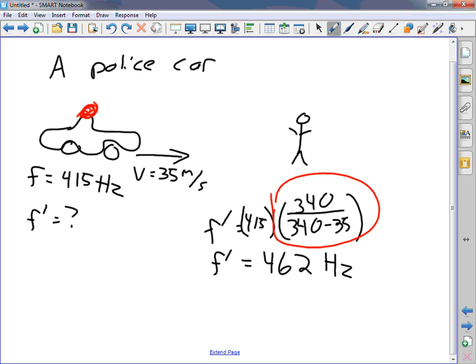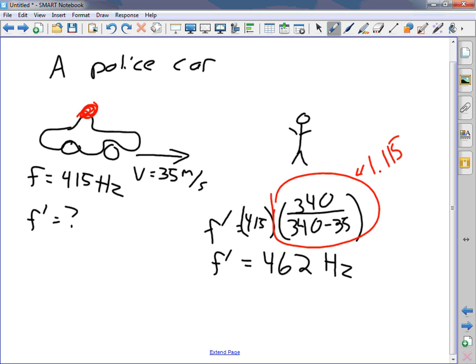Units cancel out, giving us this unitless multiplication factor. Plug in 340 divided by 340 minus 35. This should come out to be 1 point what? Unitless multiplication constant, saying we are going to multiply 415 by this constant, 1.115.